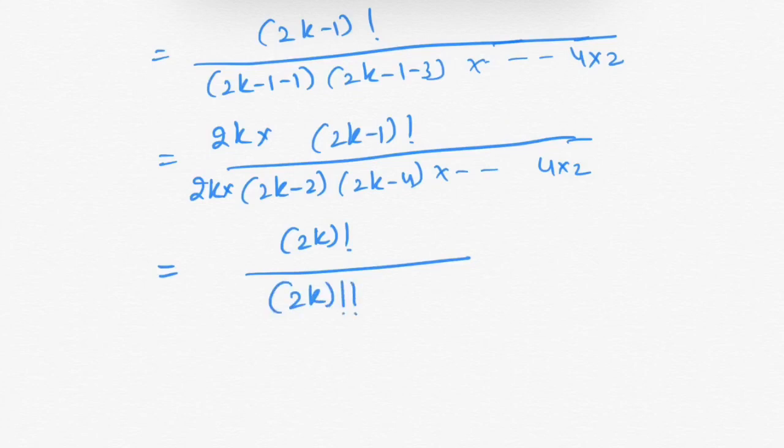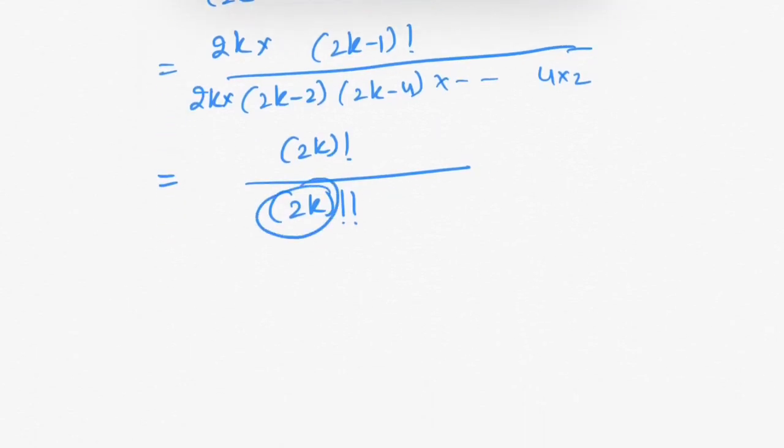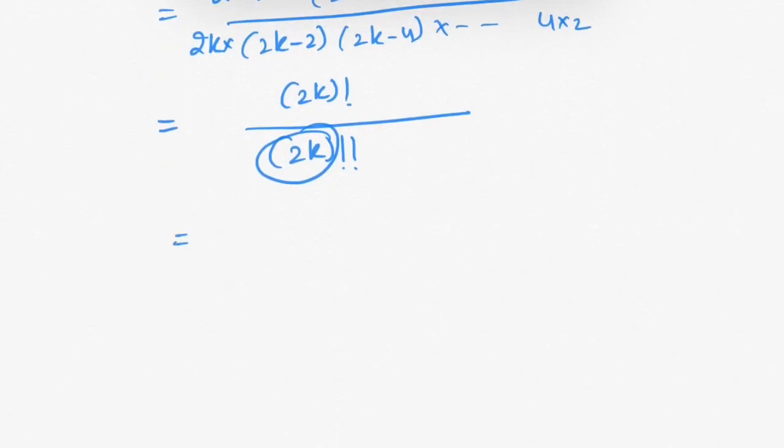And 2k is what? 2k is an even number, and we know the formula for double factorial of an even number. So applying the formula, the numerator is factorial of 2k and the double factorial of 2k will be 2 raised to power k into k factorial.